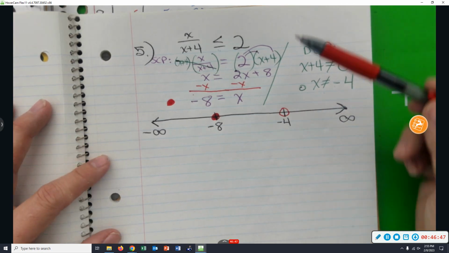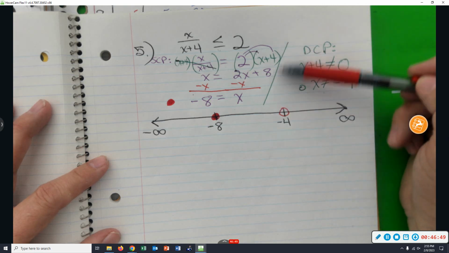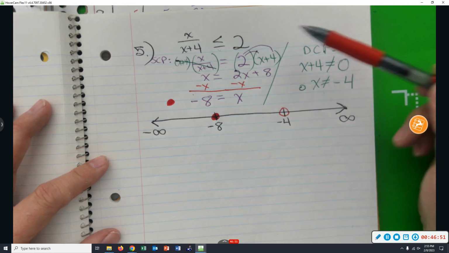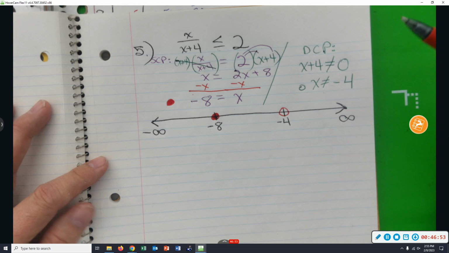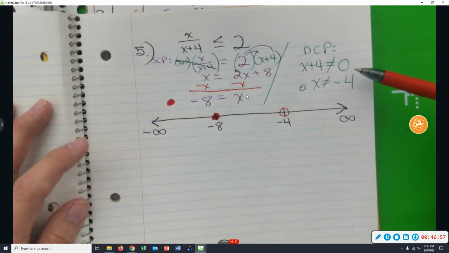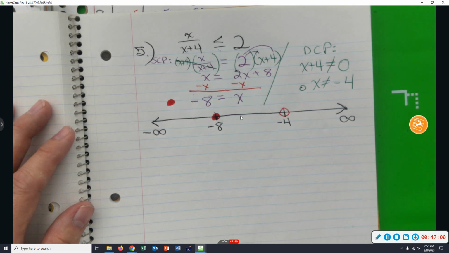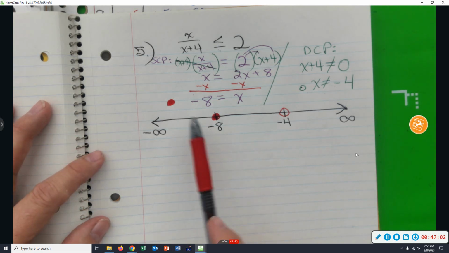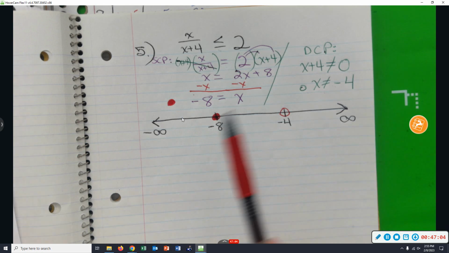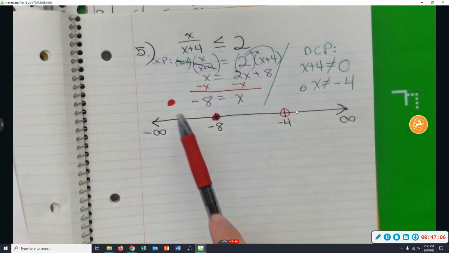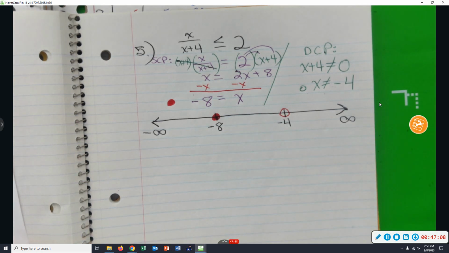Solution cut points closed. Notice there were no perfect square factors. You didn't even have anything to factor here. Everything resulted in linear expressions, so it's going to alternate. If I were running out of time and this were a test, I'd guess. I have a 50-50 shot. It's either going to be true, false, true, or false, true, false.